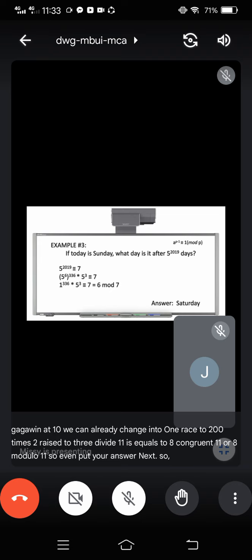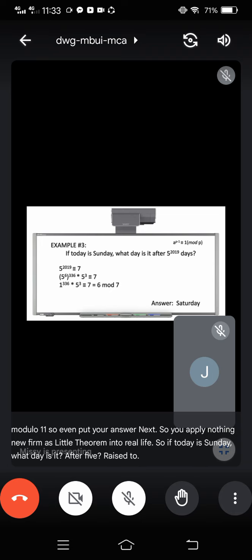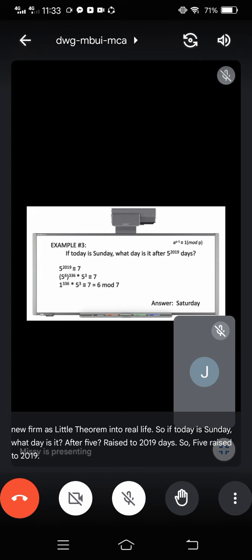I-apply natin yung Fermat's Little Theorem into real life. If today is Sunday, what day is it after 5 raised to 2019 days? So, 5 raised to 2019 modulo 7.